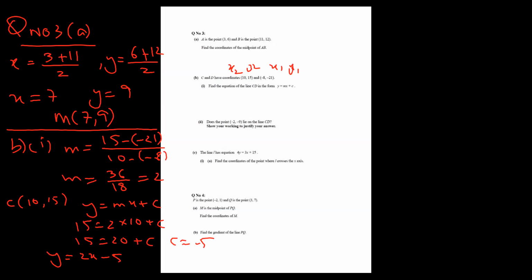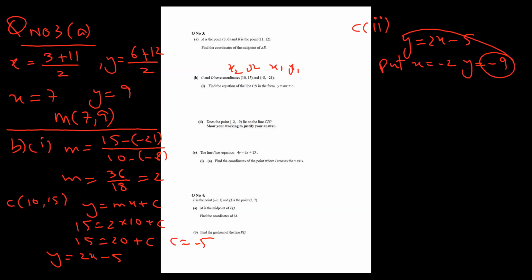And now I'm looking at the B(ii) part. What does it say? Does this point lie on line CD? This is line CD below here. So I will copy y is equal to 2x minus 5. Which point do I have to check? Minus 2, minus 9. So put x value negative 2 and y value negative 9.